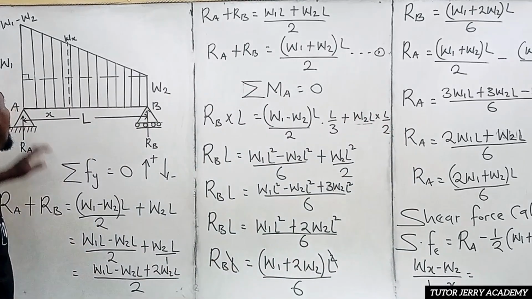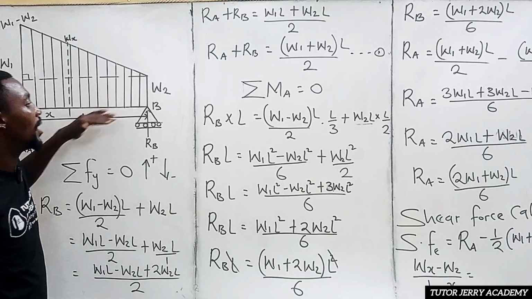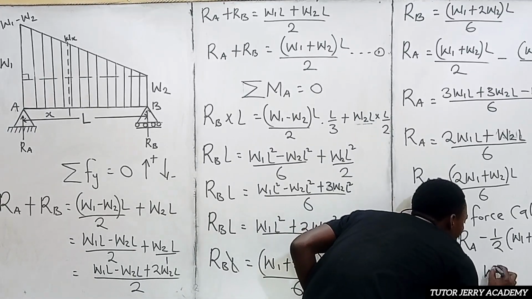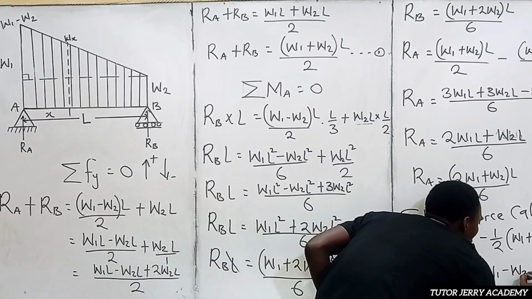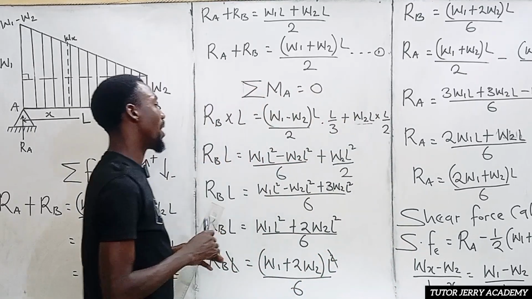It's going to be W1 minus W2, all over the total length, which is L. All right. So that is what we are going to have.